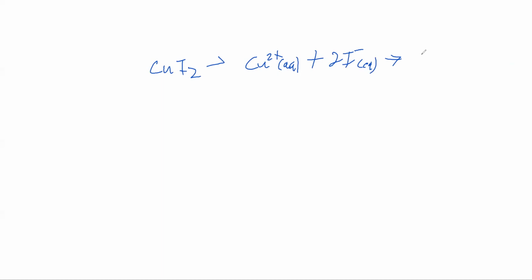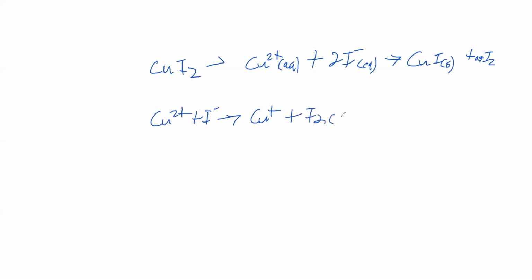If we do our copper iodine as a solid, which is what we started off with as we decomposed everything else, then we can also make I2 material that's going to come out. So we can kind of think of this as being our Cu2 plus I minus going to Cu plus and I2.